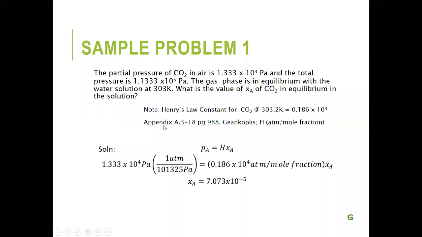Now, this could be taken also from the appendix of Geankoplis. I have indicated here the page and the appendix. So we have PA, the partial pressure, equal to the Henry's law constant times the mole fraction in the liquid phase. The question as to what is the value of XA can be solved based on this formula, wherein you just substitute the Henry's constant and you substitute here the partial pressure because it's given already.